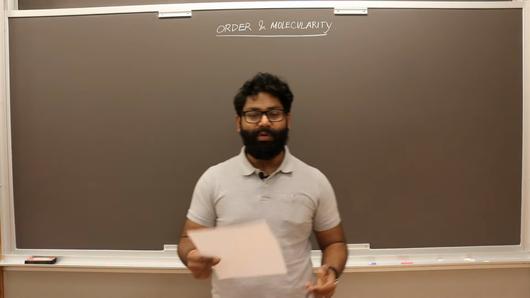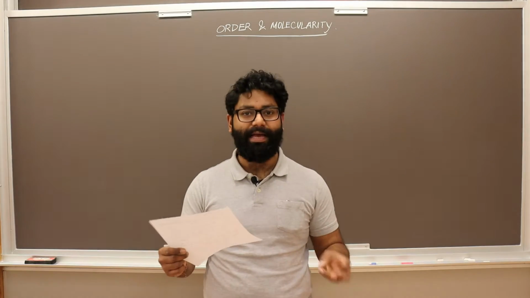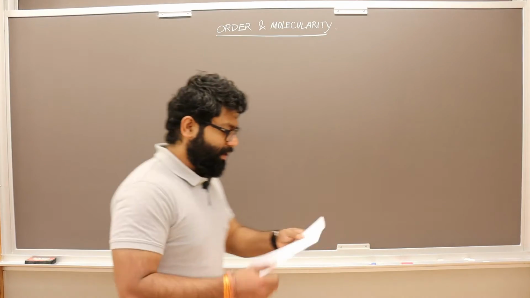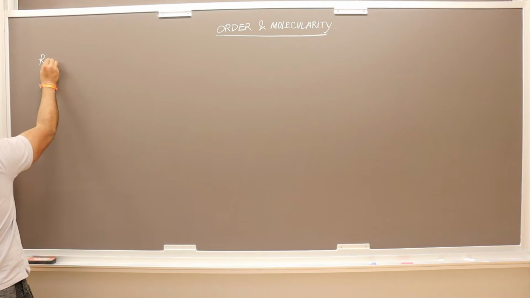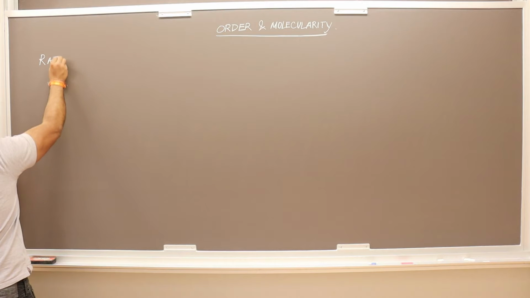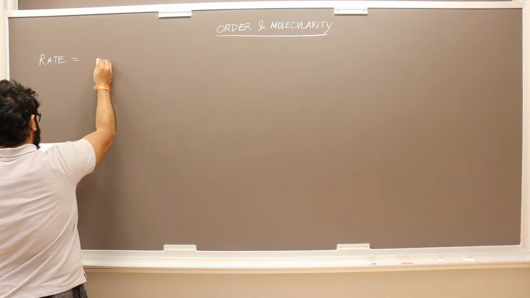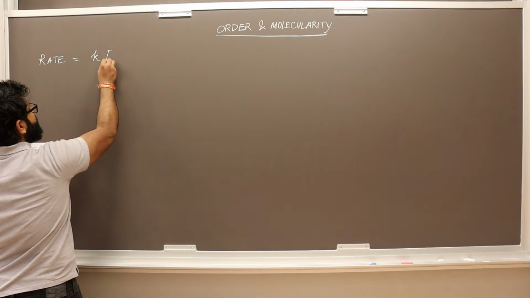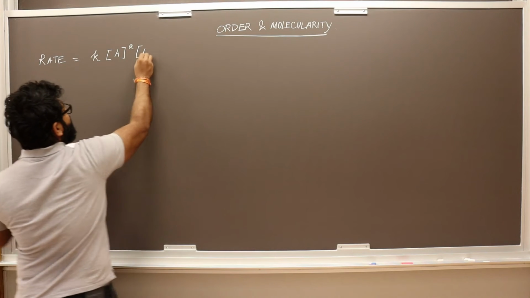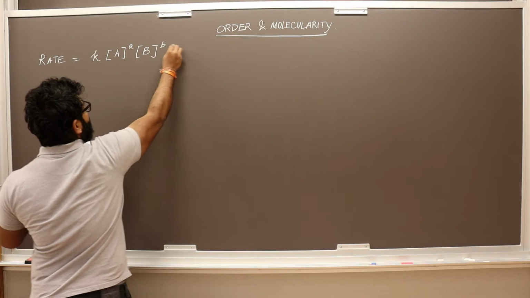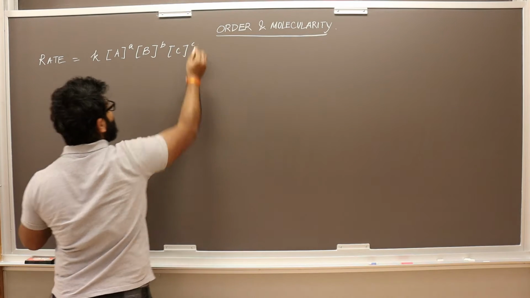Okay, so now let's quickly discuss what's the difference between order and molecularity. So if we take an example of a rate law which looks something like this, b raised to the power b and c raised to the power c.